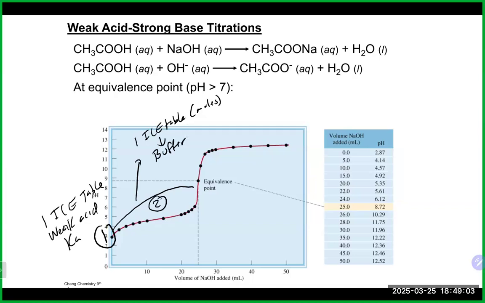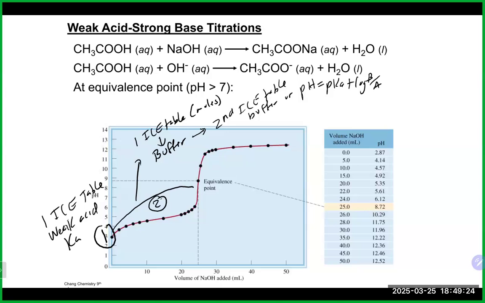Once you hit the buffer that you have, you can again choose either a second ice table for the buffer or the Henderson-Hasselbalch equation, which again, I would probably go with that route to be truthfully honest with you.